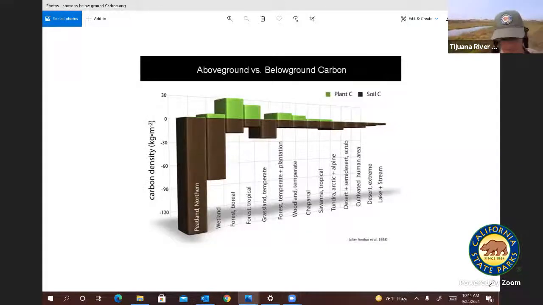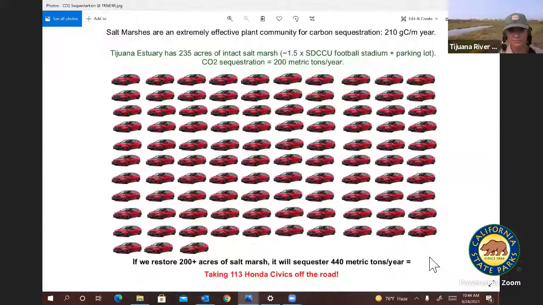So let me share my last image with you. If Tijuana Estuary could restore the amount of salt marsh in addition to what we already have and what we've already restored, it would be like taking 113 Honda Civics off the road.